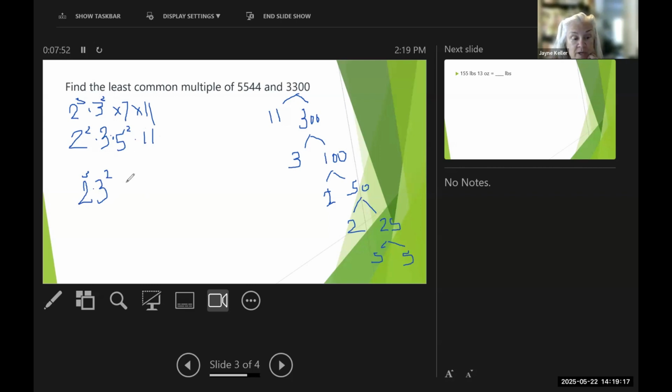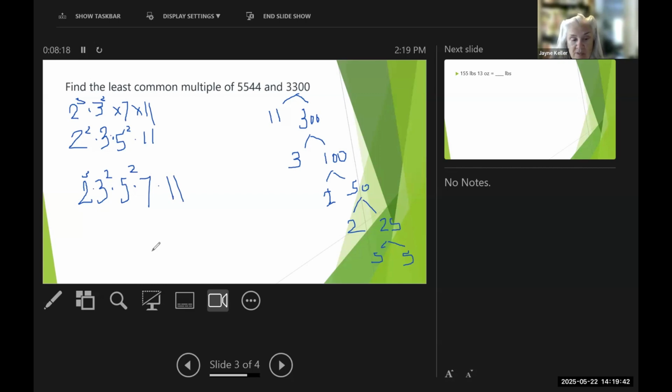And then I need a 5 squared, and I need a 7, and I need an 11. And then if I multiply all those out, 2 cubed, that's 8, times 3 squared is 9, times 5 squared is 25, times 7 times 11.